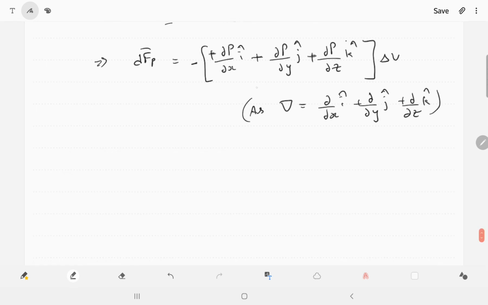We can write this term as d of F bar p equals minus del p into delta v.